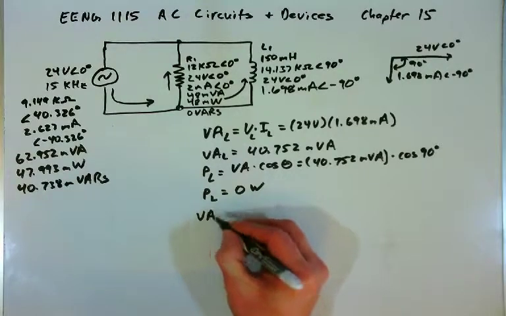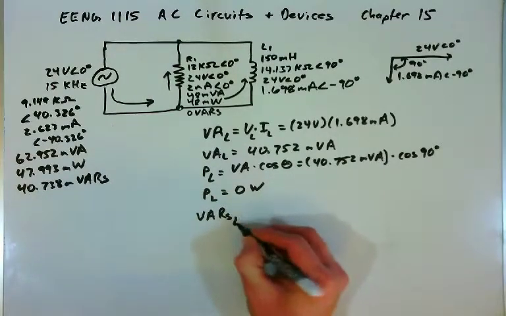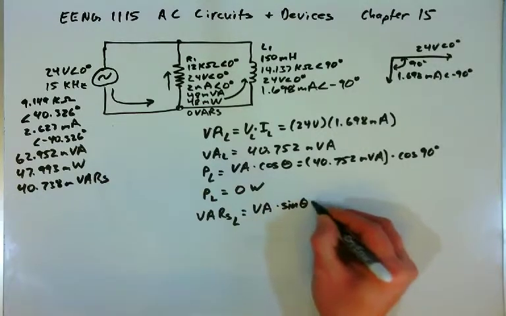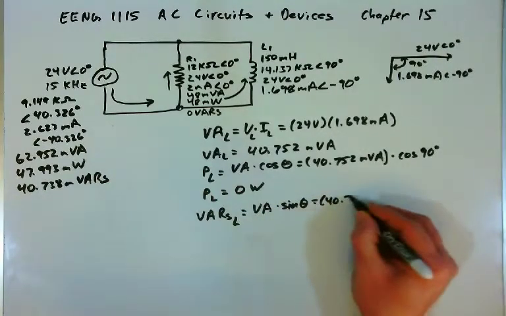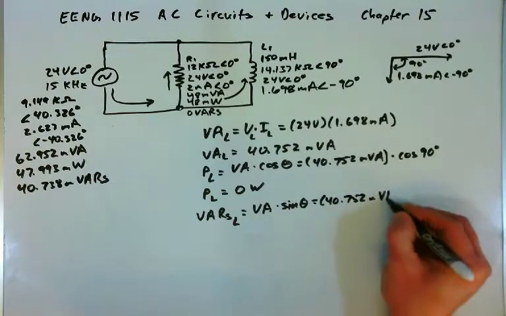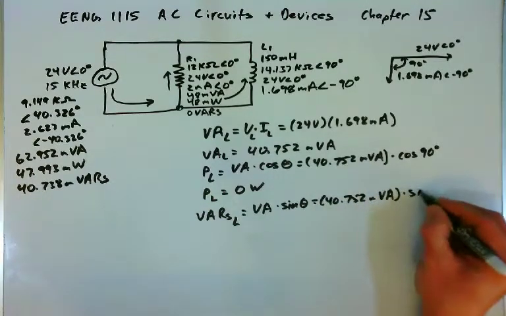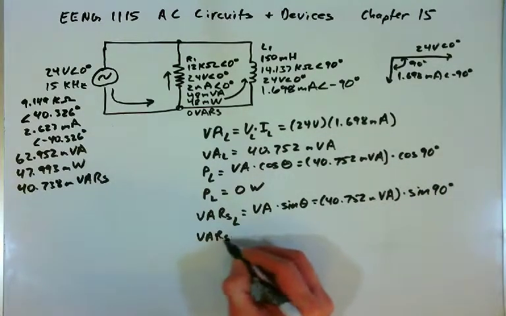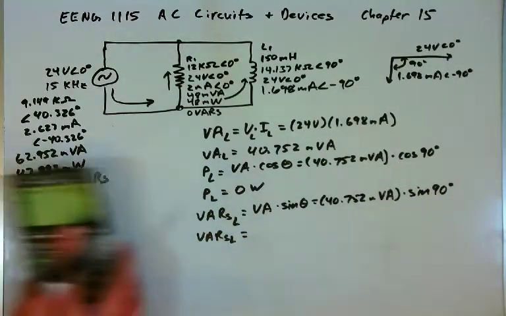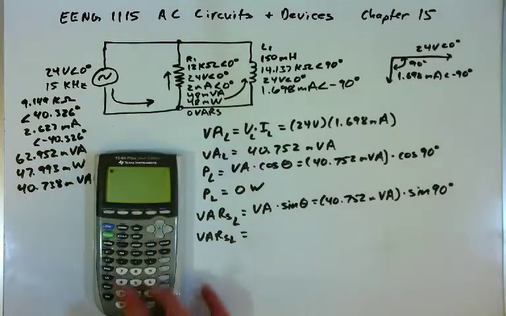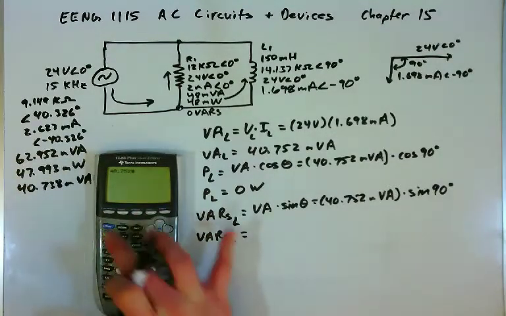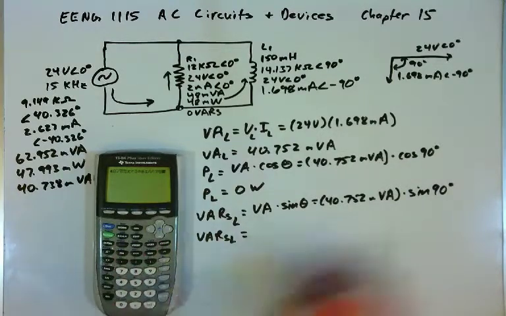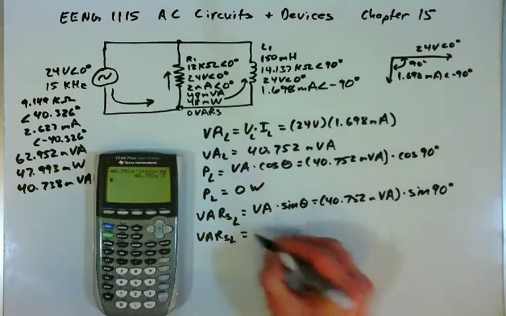Finally, we'll find the volt amps reactive for the inductor, which will be the volt amps times the sine of the angle. So we'll have 40.752 millivolt amps times the sine of 90 degrees. The sine of 90 degrees is 1.